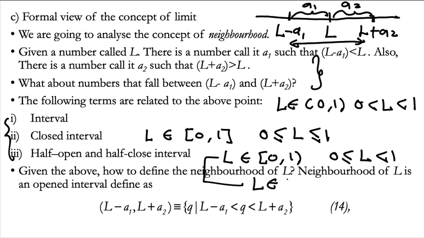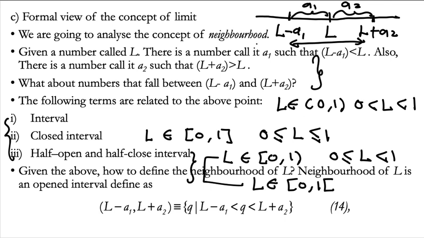L is actually this and 1. So this is another way of doing it. This is a half open and half closed interval, an example. Now, all of these symbols, you can actually learn by yourself by looking at resources on the internet, because there are a lot of mathematical symbols that you can refer to on how to write them properly.